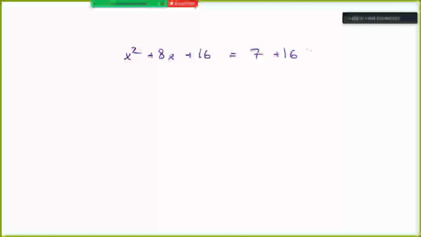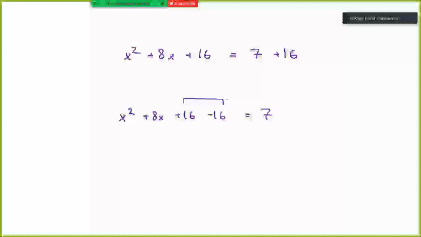So I'm just rewriting what we did in example 2. We added 16 to both sides after doing our cut in half and squaring and all that business. Some people may do it like this: x squared plus 8x, they add 16 and they minus 16. So instead of doing it to both sides, they're just lumping them together.